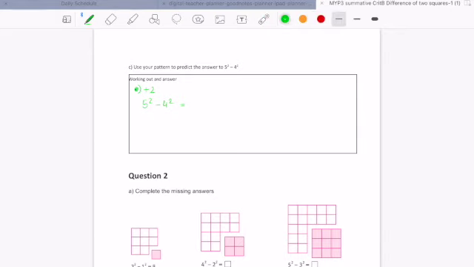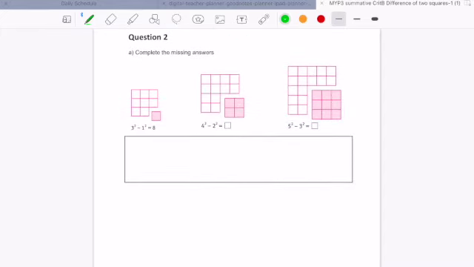So in this case, your pattern would say it's 7 plus 2 being equal to 9. So let's check. 5 squared is 25. Take away 4 squared, which is 16. And that's equal to 9. And you would have shown that actually your pattern was correct. That's one way of doing it. Yeah?